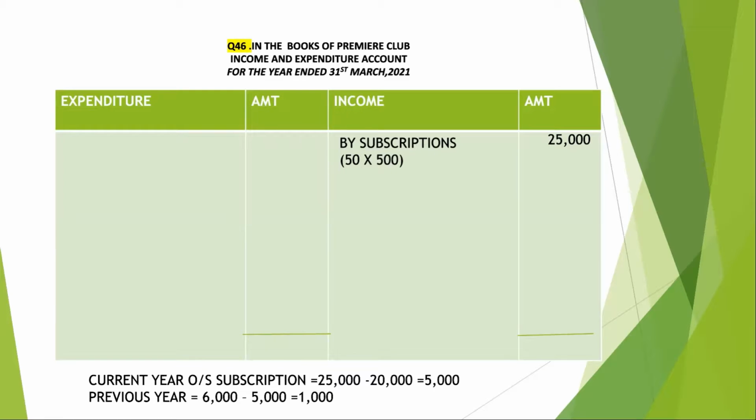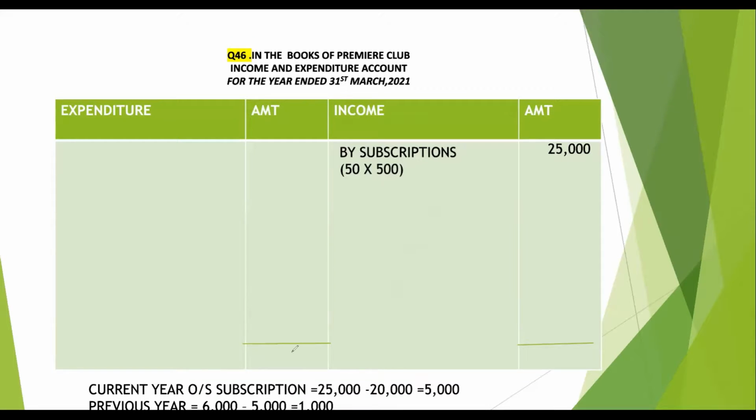Now we also have to calculate the amount of outstanding subscription for the opening balance sheet as well as for the closing balance sheet. Part B is very clearly stating that the amount of subscription for the beginning, that is 31st March 2020, is 6,000. So in the opening balance sheet, we will reflect our outstanding subscription of 6,000.